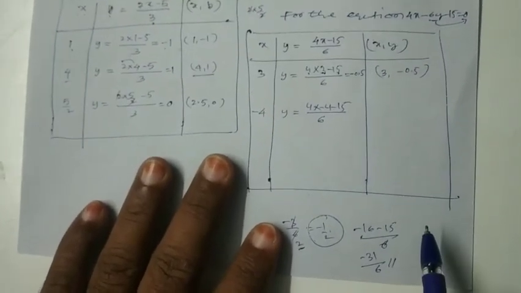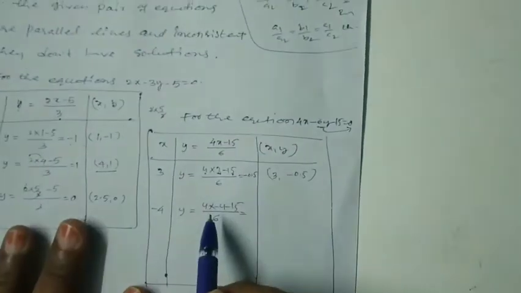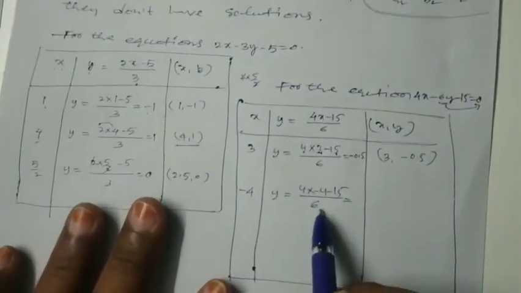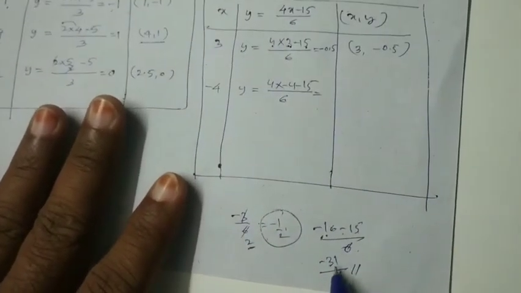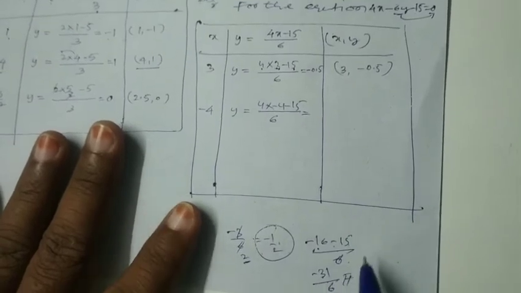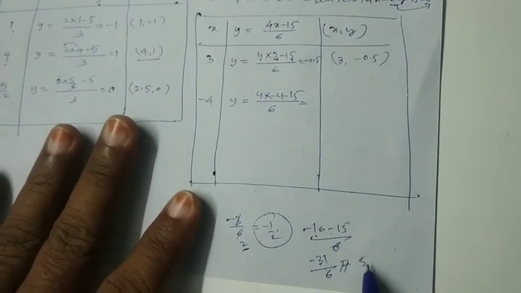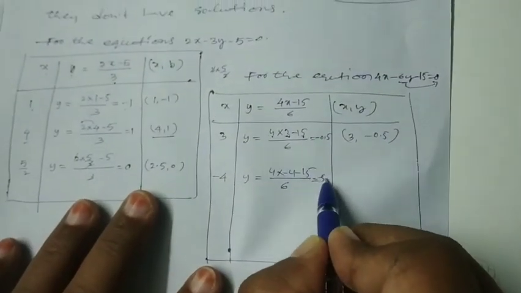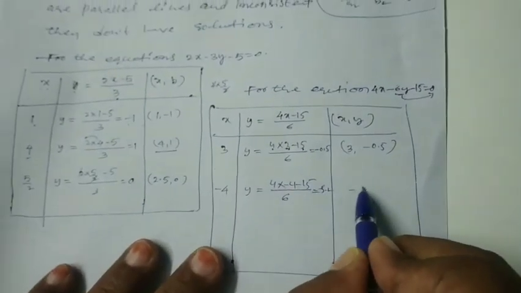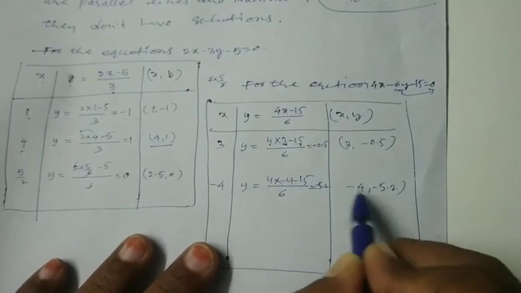So minus 31 by 6 means approximately minus 5.2 we can take. So minus 4 comma minus 5.2.